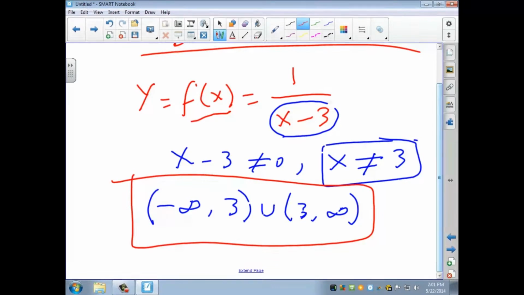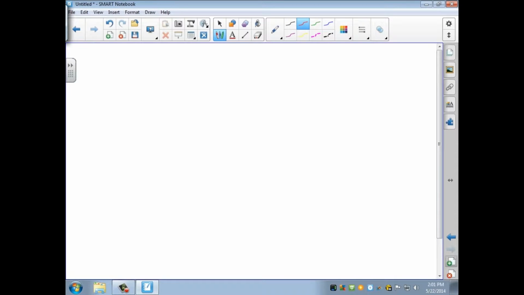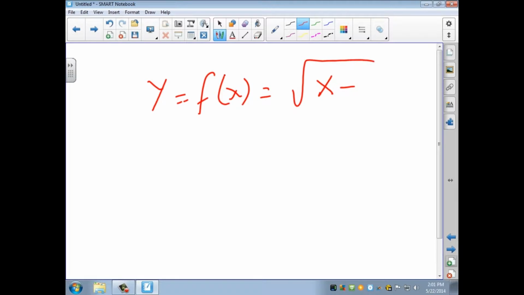And another time when the domain is limited is when you have a square root. So one is when you have a quotient, next is the square root. For example, if you have y as a function of x and it looks like square root of x minus 3. Now, when you have a square root, or for that matter, an even root, what you have under the root sign cannot be negative.